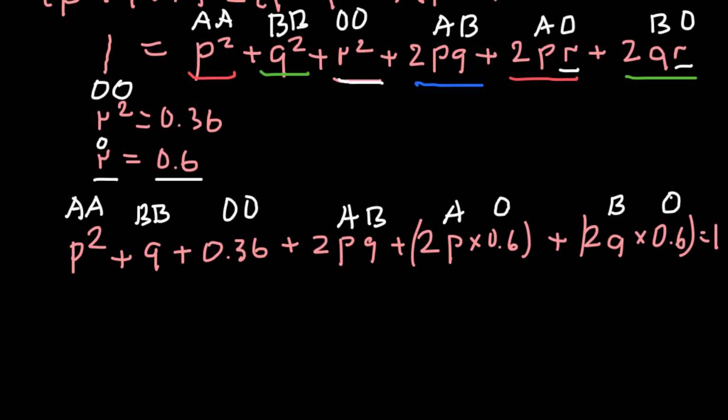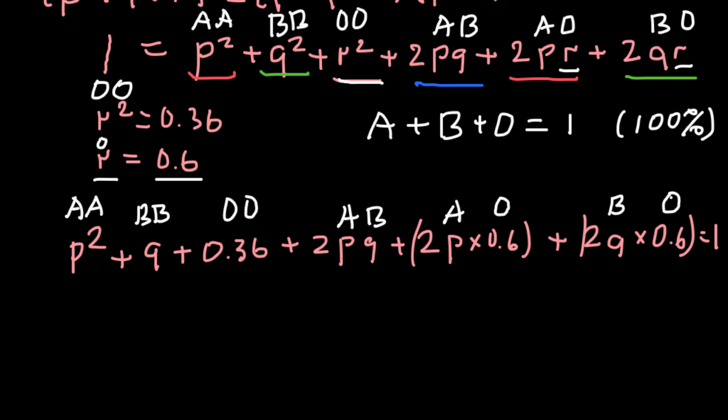Once again, when we have three alleles, allele A plus allele B plus allele O, if we add all these alleles that occur in the population, we are going to get 1, or, as you remember, this would equal 100% of all alleles present in the population.